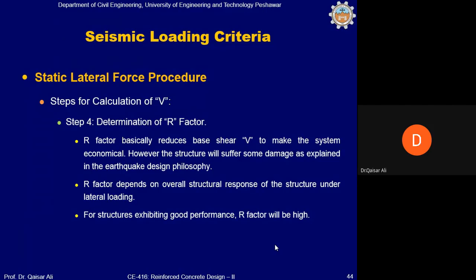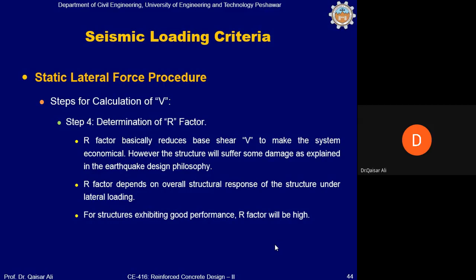If you remember, in the earthquake design philosophy, I was trying to explain that some kind of damage will always be permitted in order to make the structure economical. So if controlled damage can be permitted so that life is still safe in the structure, then the R factor will be high because it will be in our control. The damage will be properly controlled and life will be safe.